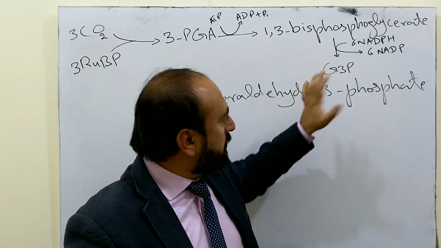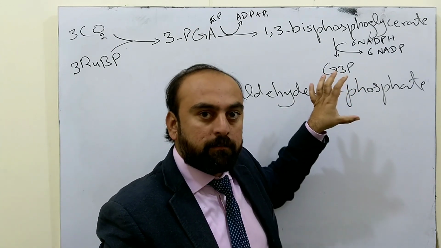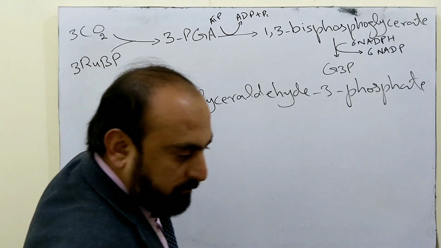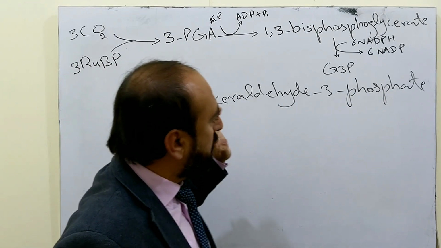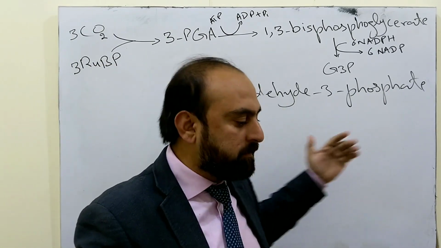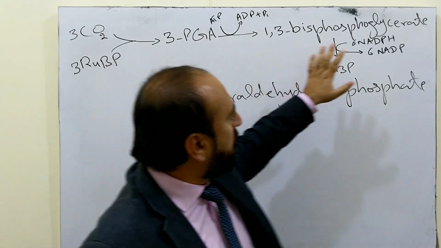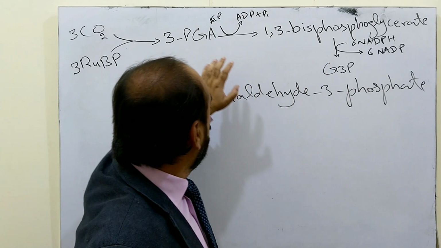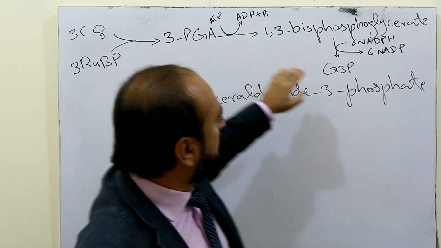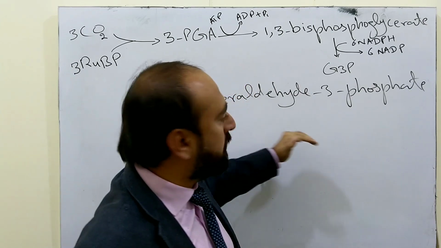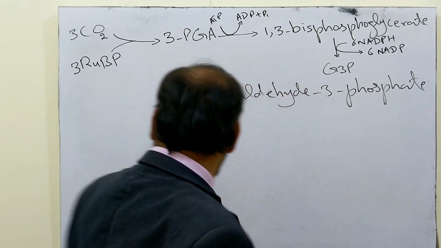this is reduction process. Now we have to discuss the third step, that is regeneration of RUBP. So using ATP and NADPH of light reaction, we have reduced 3PGA to triose phosphate G3P, that is glyceraldehyde 3-phosphate.